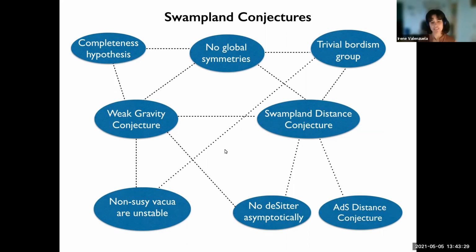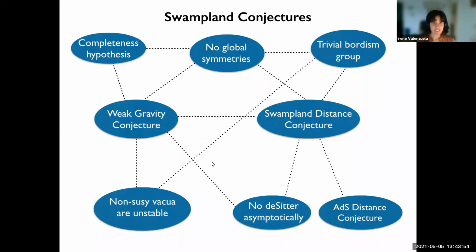The goal here is to understand these relations, to try to reduce all these conjectures to the minimal set of statements that could reproduce everything. So even if it seems that more conjectures are appearing, the number of independent statements is actually decreasing with the years. What is the meaning of the dashed lines?